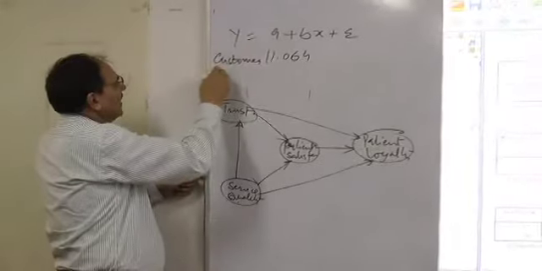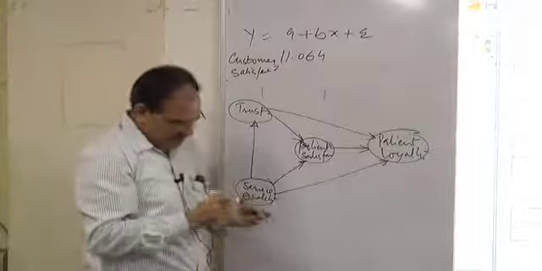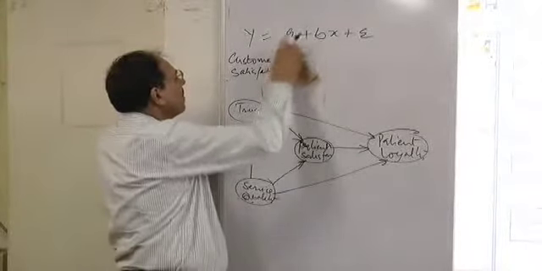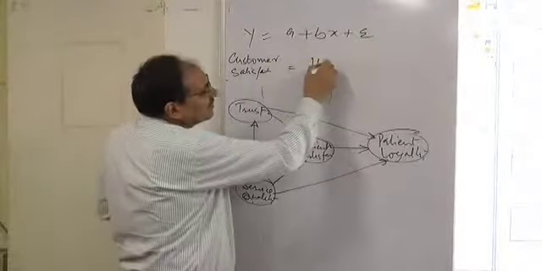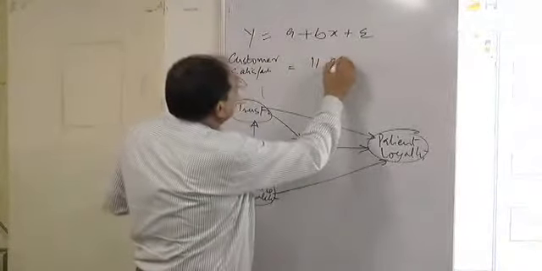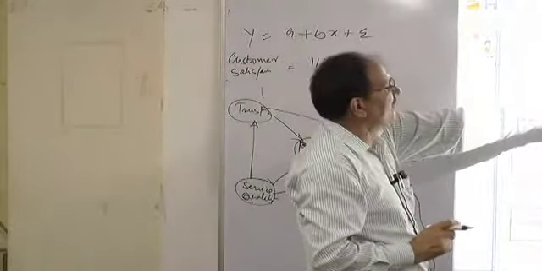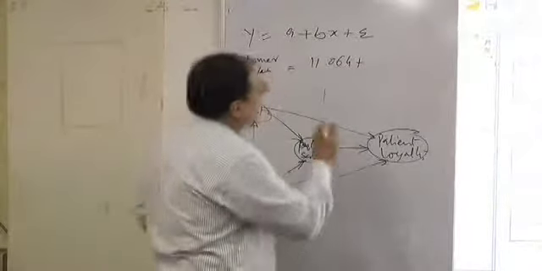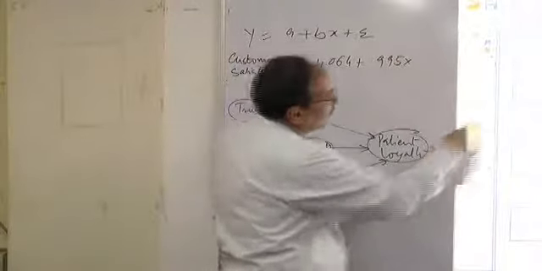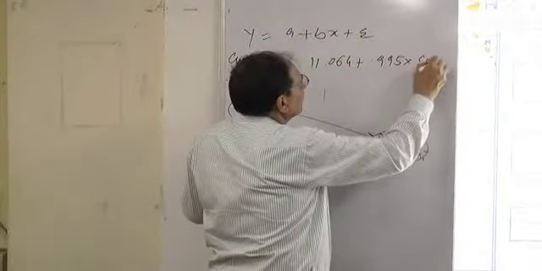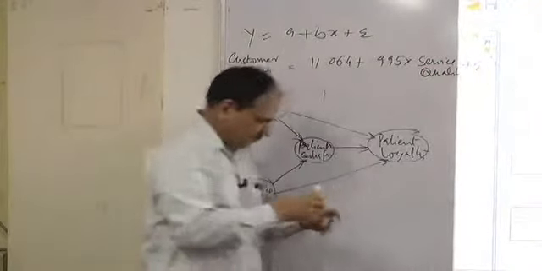So customer satisfaction is equal to 11.064 plus B under non-standardized, that is under B, 0.995 multiplied by service quality plus the error.